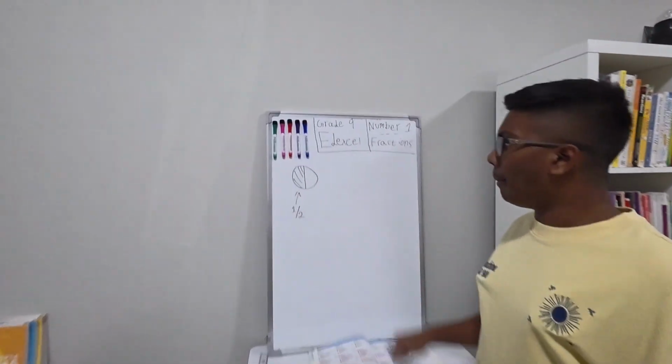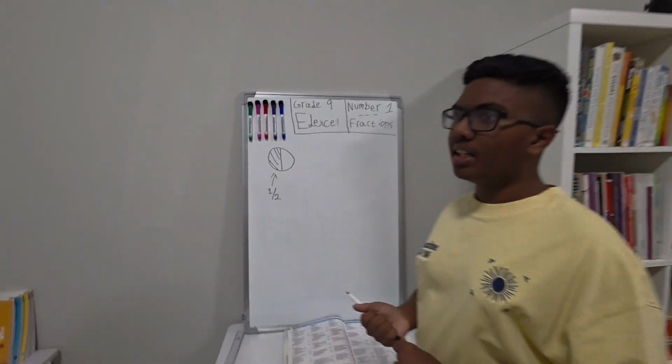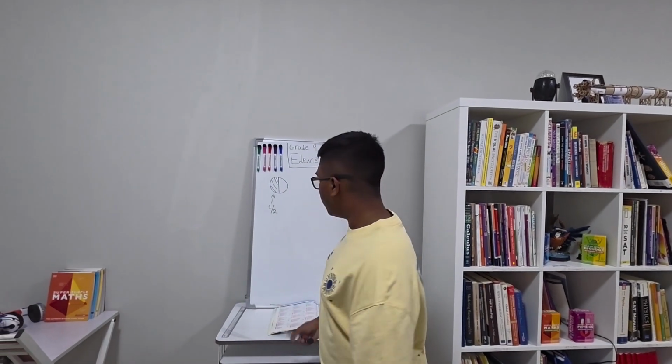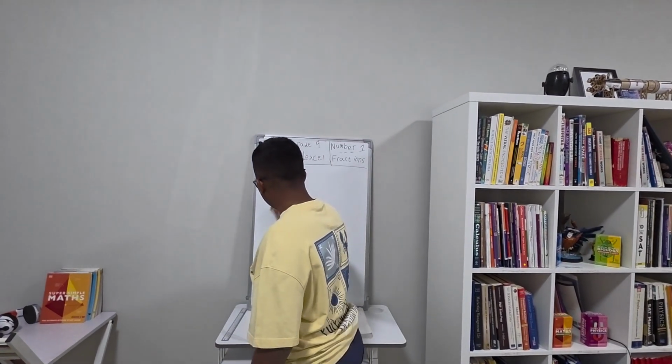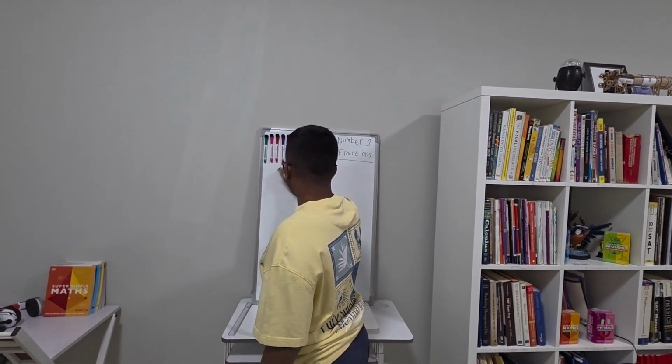This is one of the most popular ways to show fractions and is most commonly used in beginner level learning of fractions, such as grades 4 to 6. You'd most likely find shade the shape questions in those grades. But since we are focusing on grade 9, let's move on to more advanced topics.